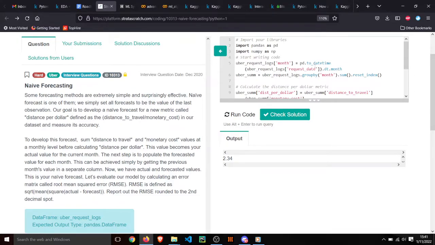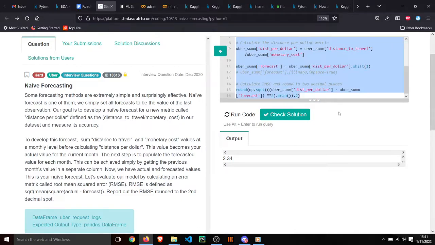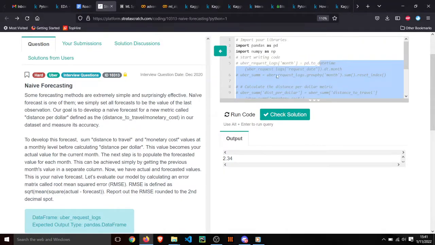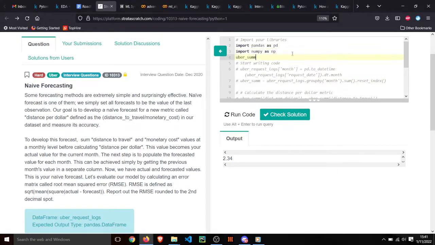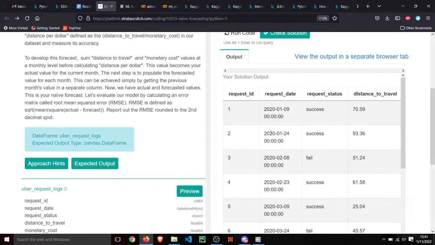So before doing anything, let me show you how the data looks. It's not a particularly difficult question, but it's a bit long, that's all. Okay, so this is how our data looks.